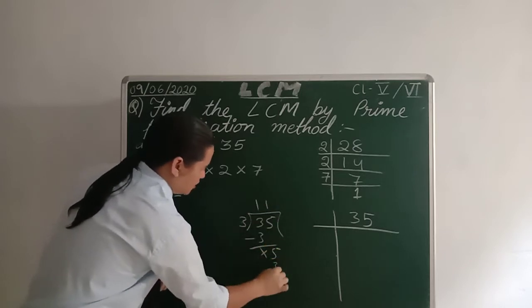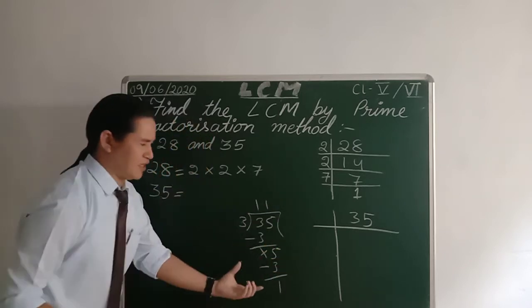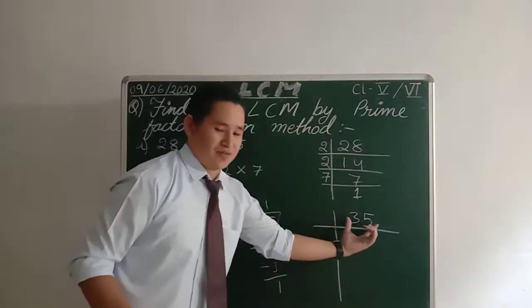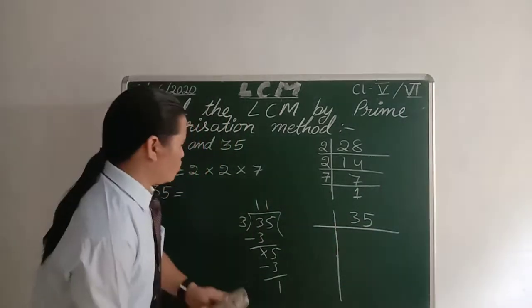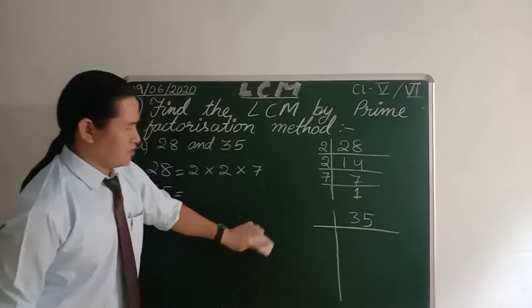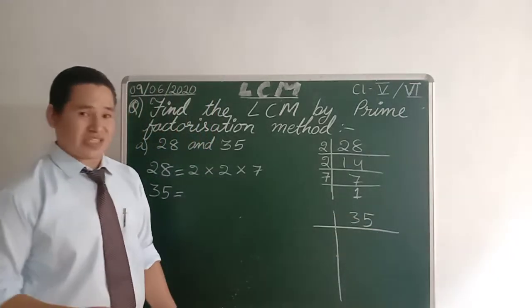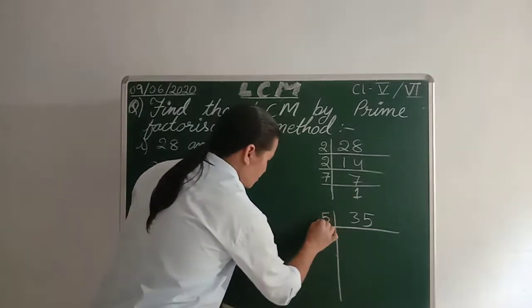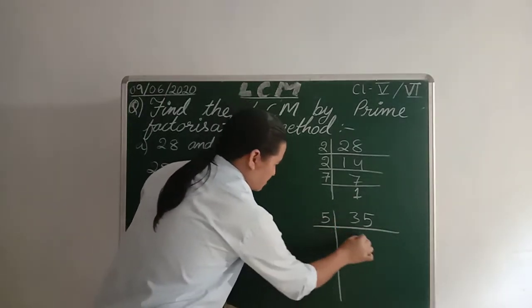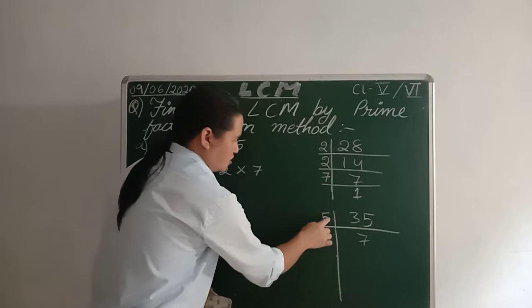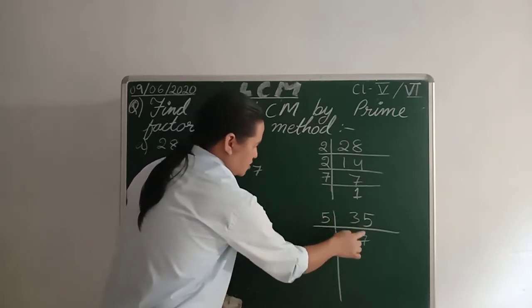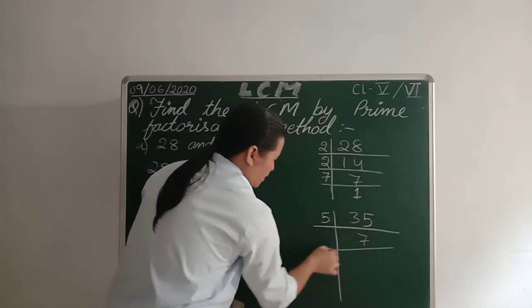So we get a remainder, and we cannot break down 35 by 3 either. Now if you go to 4, in the 4 times table you will not get 35, it goes up to 32 only. When you go for 5, in the 5 times table you will get 35. 5 7s are 35. That means 5 is a factor of 35.